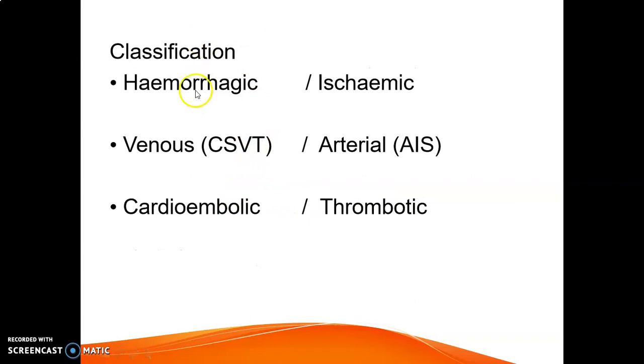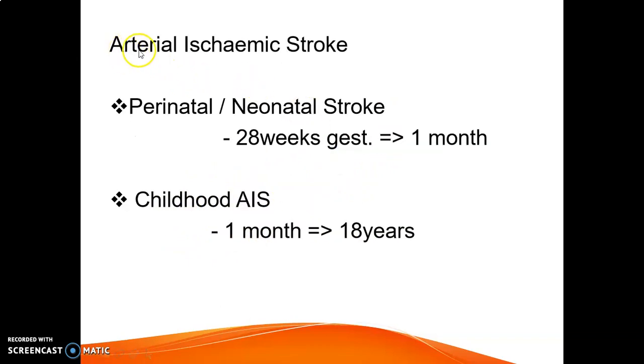Classifying it: hemorrhagic or ischemic, venous or arterial, cardioembolic or thrombotic. Arterial ischemic stroke in the perinatal period, that is congenital, perinatal or neonatal stroke, is from 28 weeks of gestation plus or minus 1 month, up to 28 days after delivery.